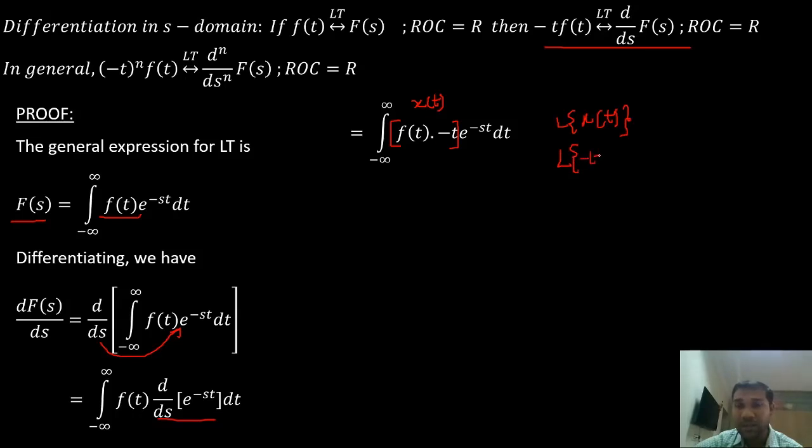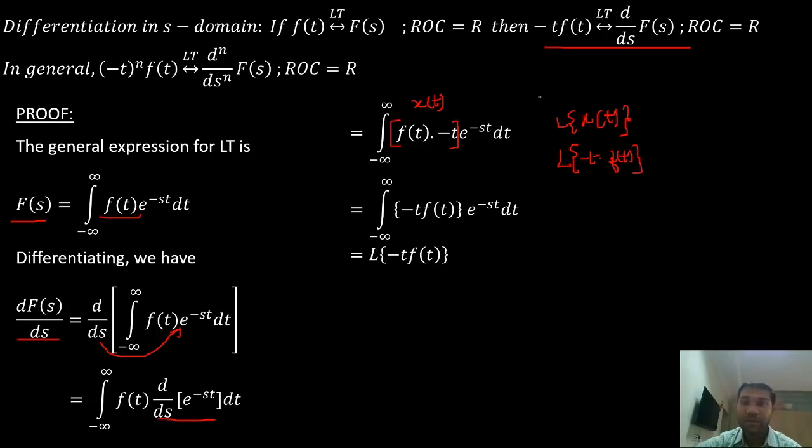Minus t into f of t. Laplace transform of minus t into f of t. So what does this say? Laplace transform of minus t into f of t is nothing but what is on the left hand side? d by ds of f of s.